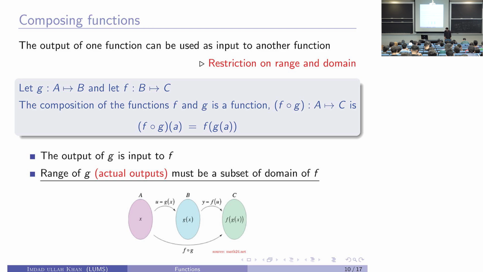You apply g to x, you get g of x, then you apply f to this element g of x, and you get some other element. That's how we write it, f composed with g of x, or f of g of x. That's how it's pronounced, f of g of x.